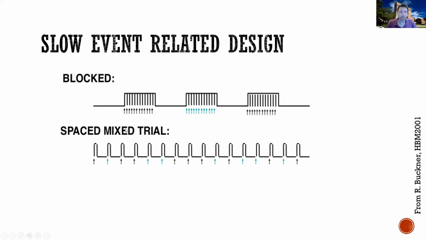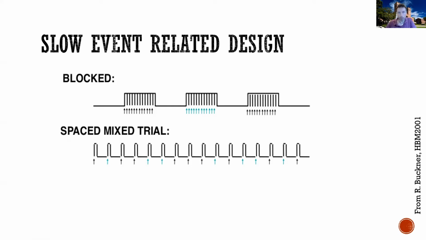And the reason for it is that during slow event-related designs, we need to set each trial apart from 10 to 12 seconds. And so if you need to wait 10 to 12 seconds in between each trial, time adds up very quickly. After 10 trials, for any 10 trials of sampled cognitive processes, you have 2 minutes of just having to wait for the hemodynamic response to go back to baseline.